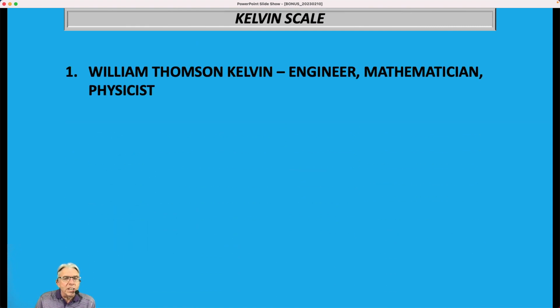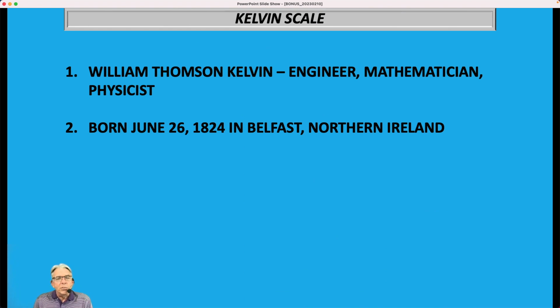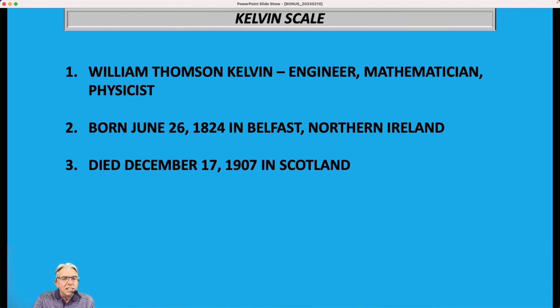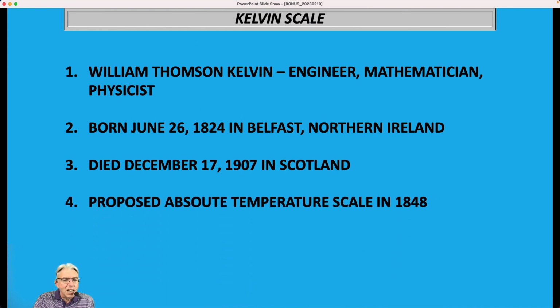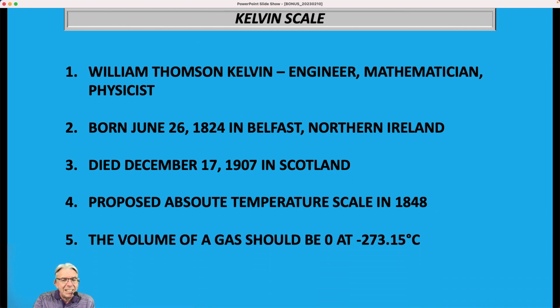And then the Kelvin scale comes along, William Thomson Kelvin, and this guy was one of the more distinguished scientists of his time. He was an engineer, a mathematician, and a physicist. He was born in 1824 in Belfast in Northern Ireland, died in 1907 in Scotland on December 17th, and he proposed the absolute temperature scale in 1848.